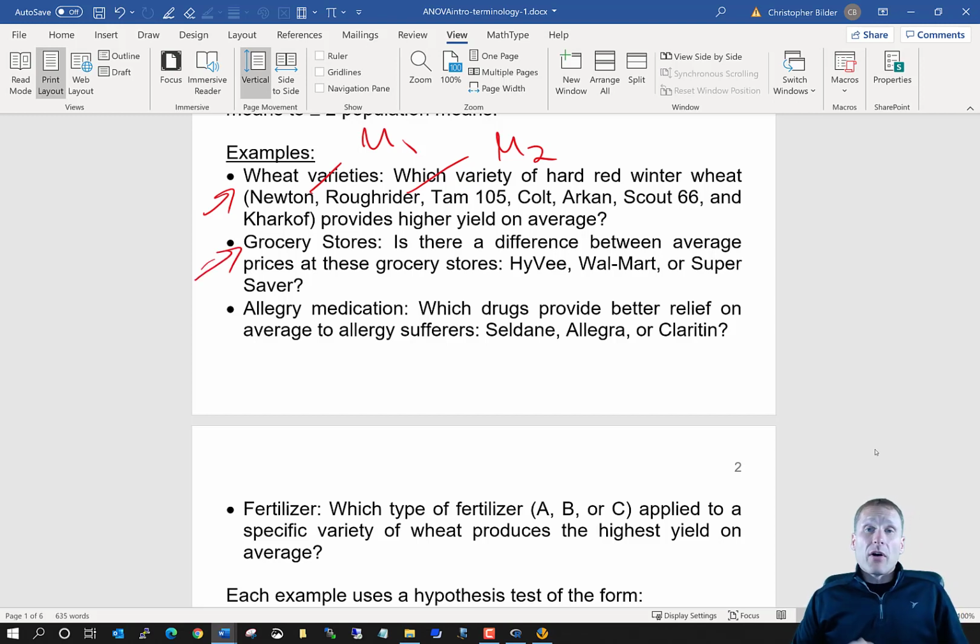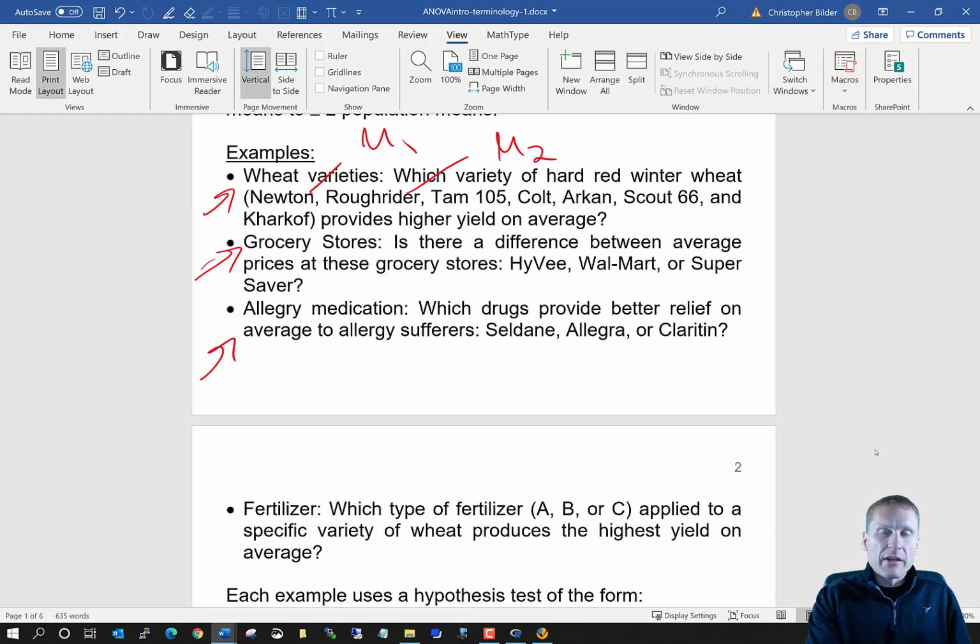Another example would be involving grocery stores to determine which grocery store has the lowest prices on average, Hy-Vee, Walmart, or Super Saver. In this case, you can think of it as having three different population means. Based upon your analysis, you can make a decision of which grocery store might be the most cost-effective to shop at.